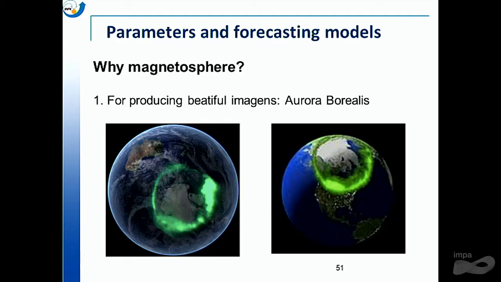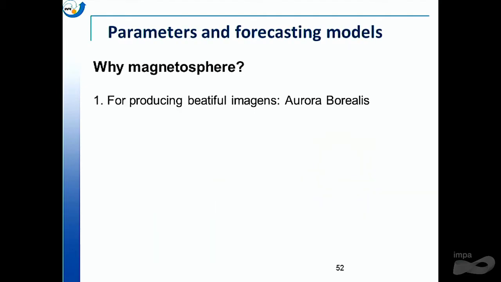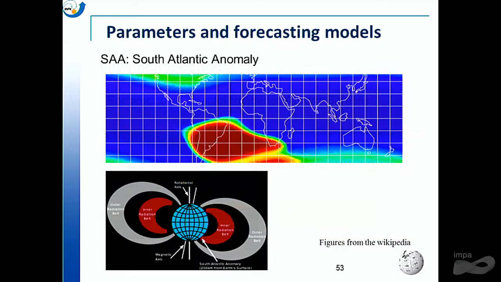And so, for example, in terms of space weather, you know about the aurora borealis and these spectacular views. But in particular, in Brazil, we have the geomagnetic South Atlantic anomaly. This is a picture from Wikipedia.